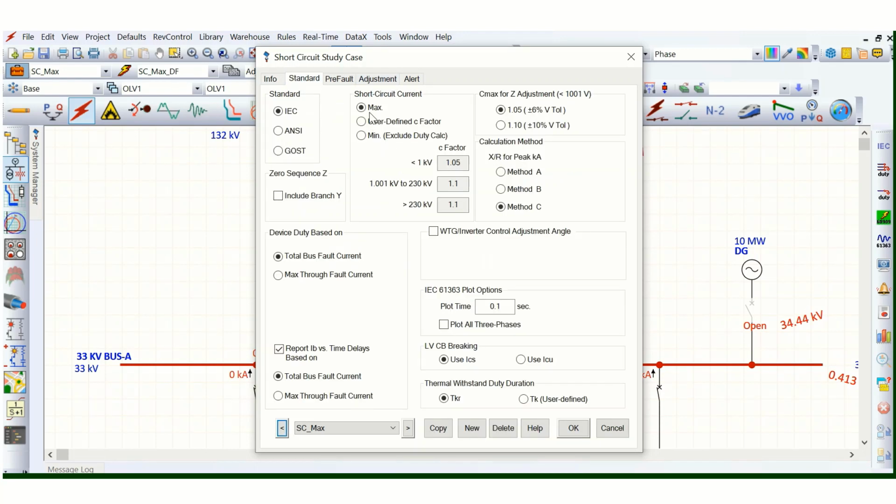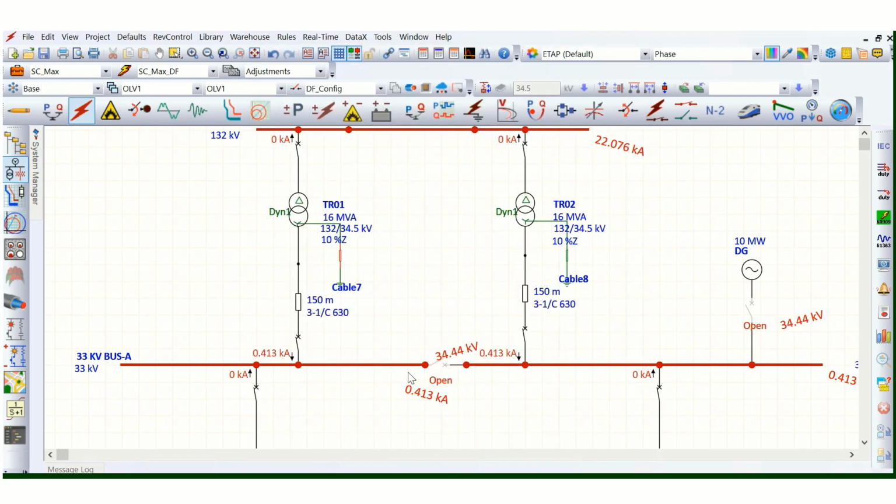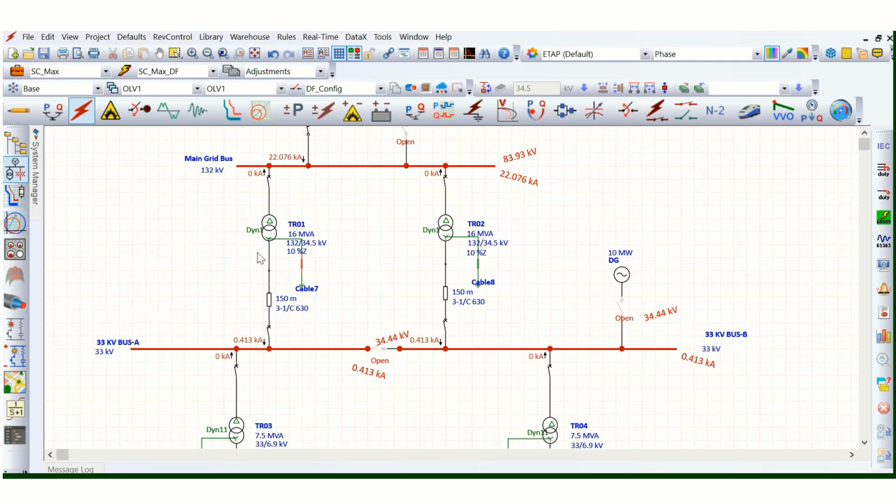As per the standard, this is the C factor for less than 1 kV, 1.05, and for greater than 1 kV and less than 230 kV, this is 1.1. So because of this C factor, this is coming more than 400 amps. This is 413 amps exactly.